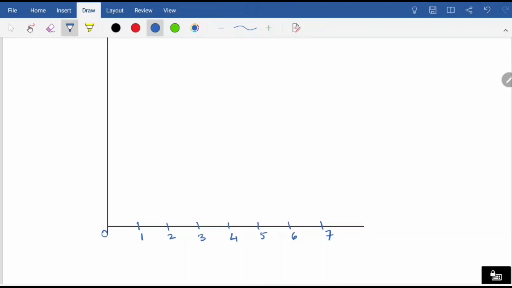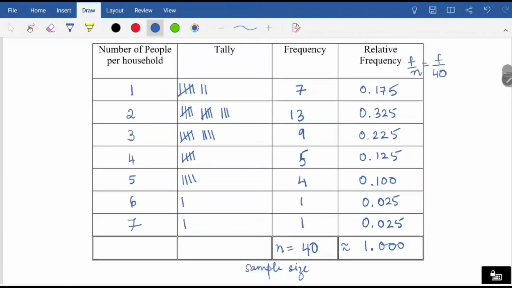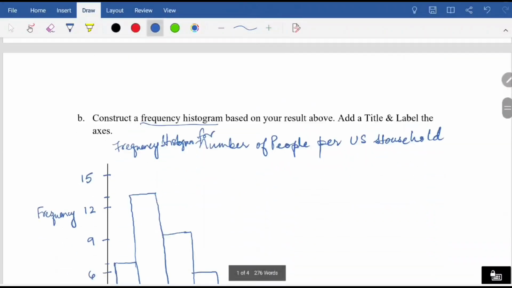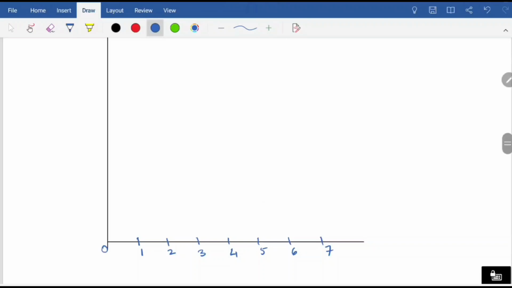All right, but this time the y-axis has to be scaled with your relative frequency value. So what is the highest relative frequency in our calculations? 0.325, right? So if we go up all the way to 0.4, that should be enough to cover all these proportions, right? So I'm going to divide the y-axis as 0.1, 0.2, 0.3, and 0.4.